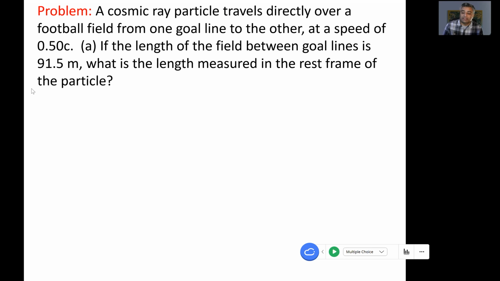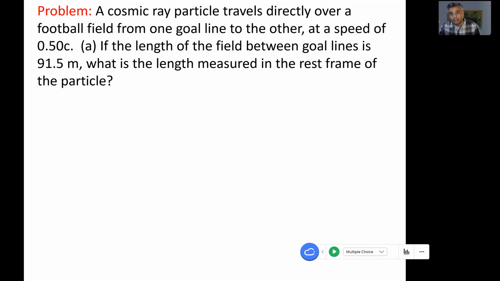So if the length of the field between goal lines is 91.5 meters, what kind of length is that? Is that proper length or contracted length? All right, we need to decide that first. What is the length measured in the rest frame of the particle? So the particle is moving. The football field is on the earth.